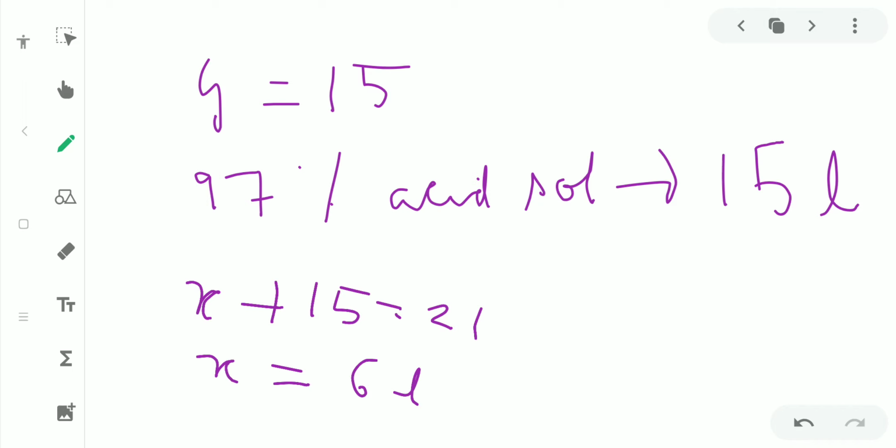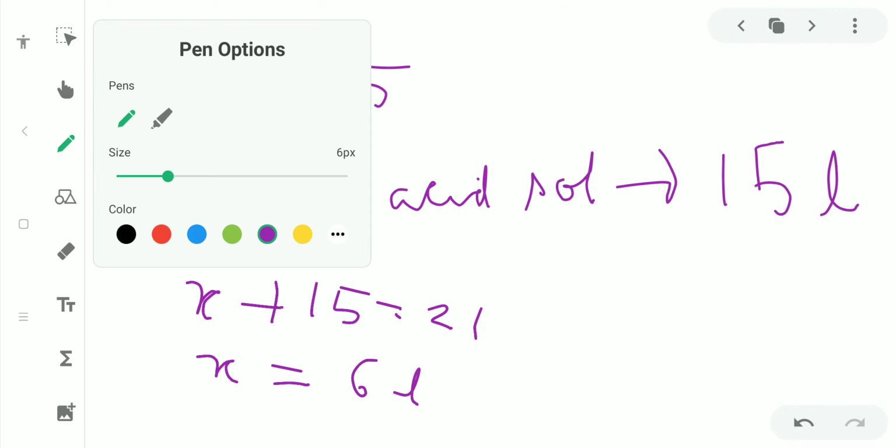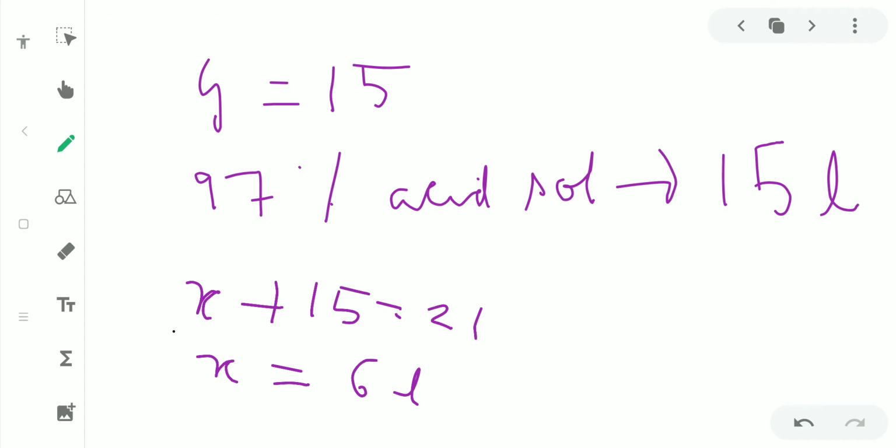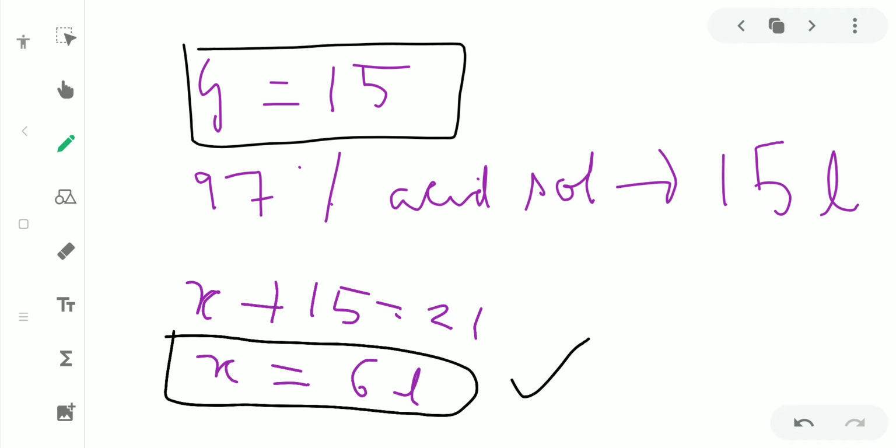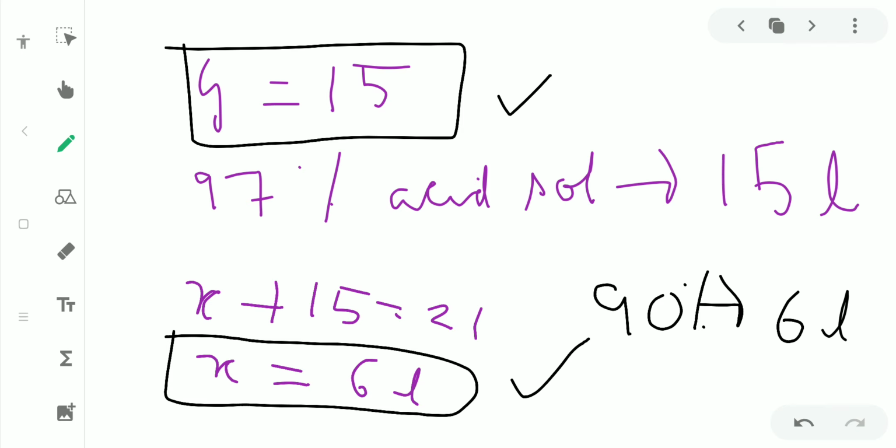So x we are getting 6 liters and y we are getting 15 liters. x is the 90% acid solution, so the 90% acid solution is 6 liters.